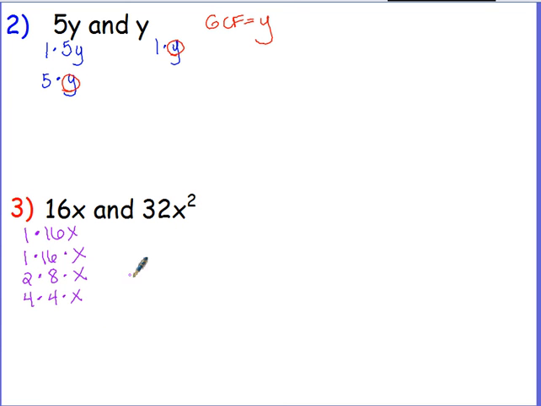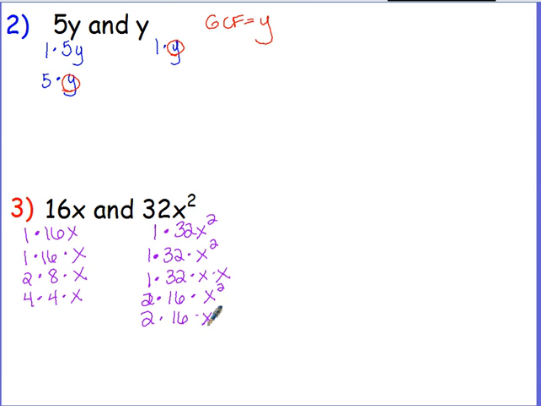So now if I list the factors of 32x squared, I have 1 times 32x squared. Now this one can be broken up many ways as well. I can have 1 times 32 times x squared, or 1 times 32 times x times x. I could also list this out as 2 times 16 times x squared, or 2 times 16 times x.